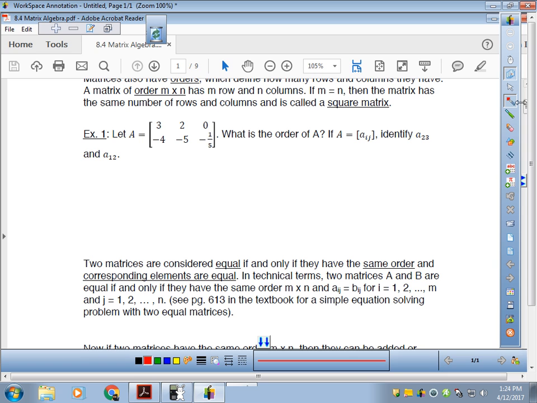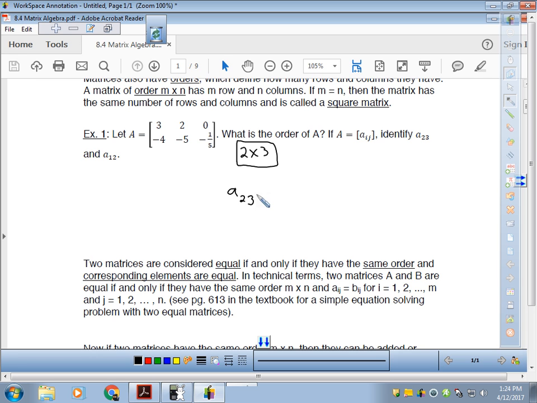Example 1 says, let matrix A be this matrix 3, 2, 0, negative 4, negative 5, negative 1/5. The first question asks us, what is the order of matrix A? So what is its size? Well, it has 2 rows and 3 columns, so it would be a 2 by 3 matrix. The next part says, if this matrix has these elements A sub ij, identify A sub 2, 3 and A sub 1, 2.